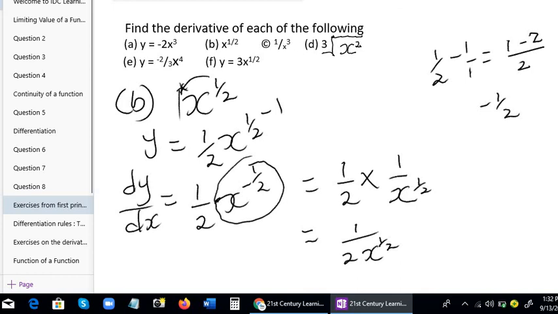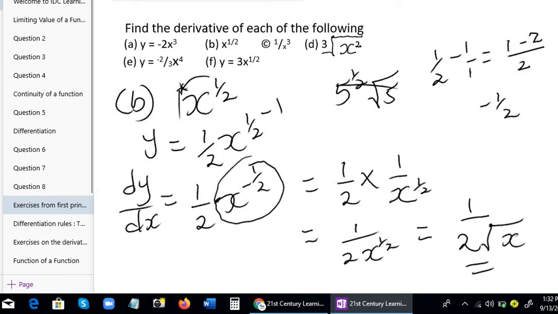Now, whenever a number or a variable, let's say 5, is raised to the power of half, it's the same thing as root 5. Okay, take note of this. So my final answer will be 1 over 2. Half here means root x. This will be my final answer. So just take note of that.